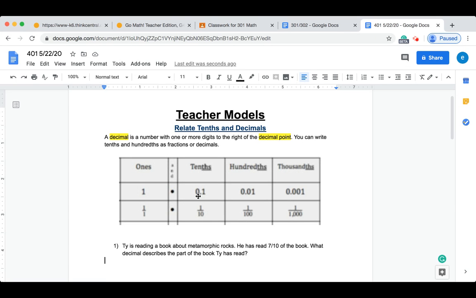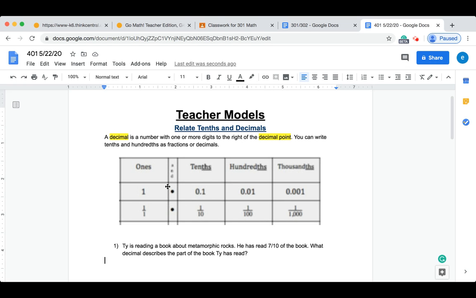Now we have our chart here. We know the numbers to the left of our decimal point are our whole numbers. So we'd have our ones, and that's how you would write our ones as a fraction. We know any number over itself is equal to 1. And then to the right of our decimal point, we're just going to focus on the first place value to the right, which is our tenths.